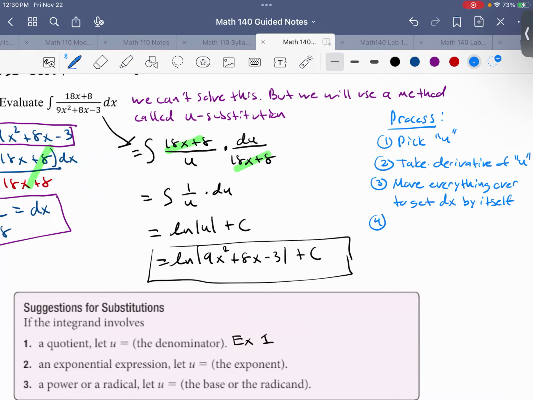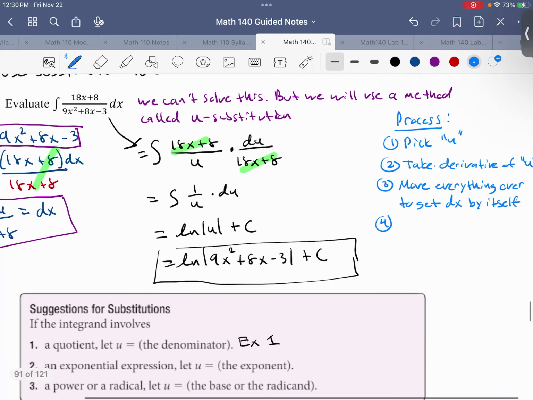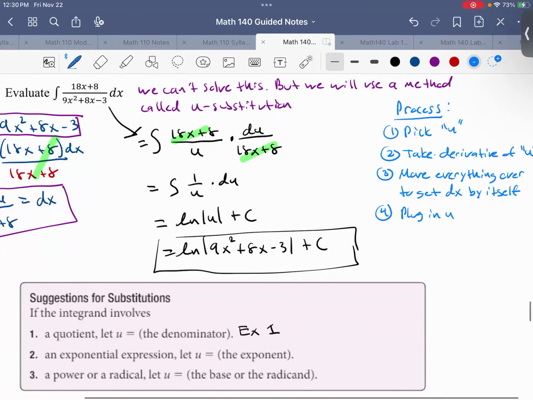Step 4 is to plug in u and du. Step 5 is to integrate.